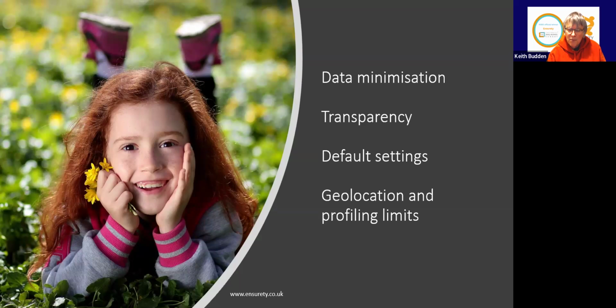And that in itself can give a problem, by the way, because the children's code actually says that if you are having an app or a service which is available to children, then the privacy policy, privacy notice, has to be in a form of language which the child can understand.